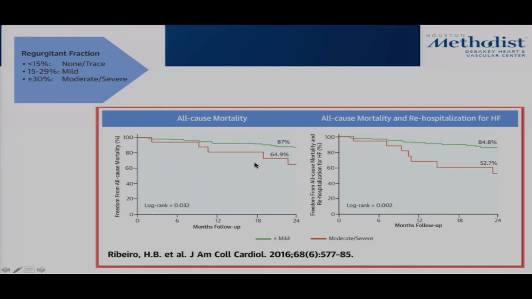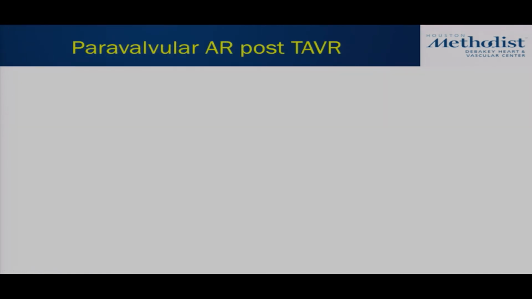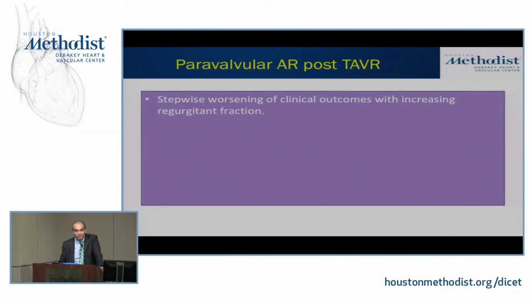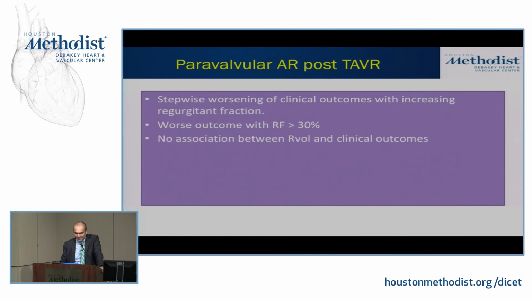So again, it's not the severe that we think of as 50% or more, as it was in this particular example. And in that study, what they found was that there's a worsening outcome with increasing regurgitant fraction. Interestingly, regurgitant volume was not predictive in this cohort of 150 patients with paravalvular regurgitation.